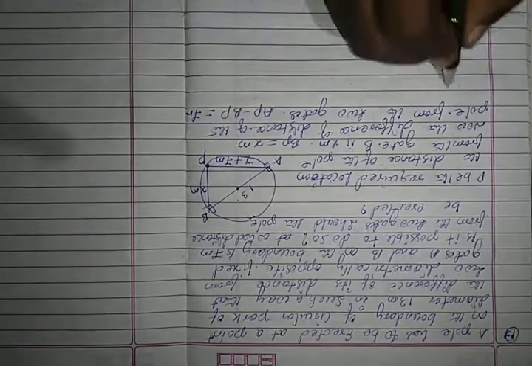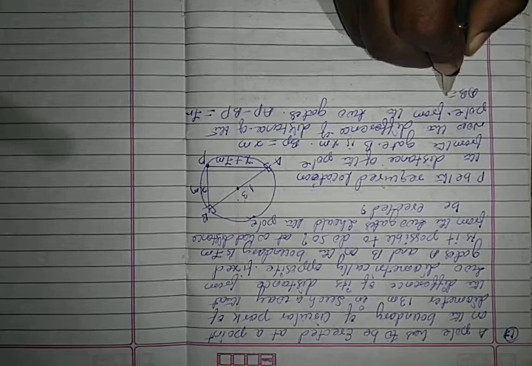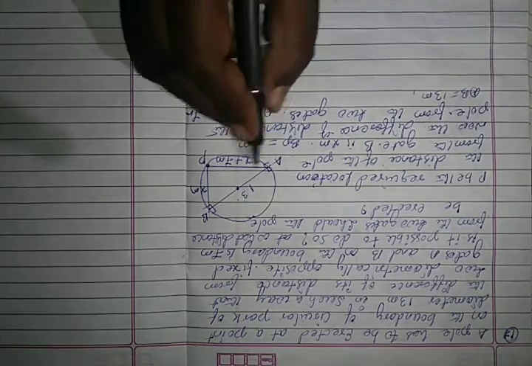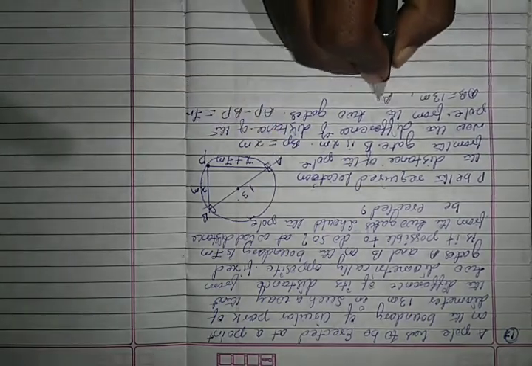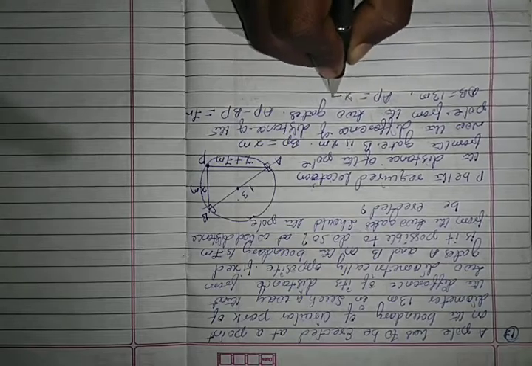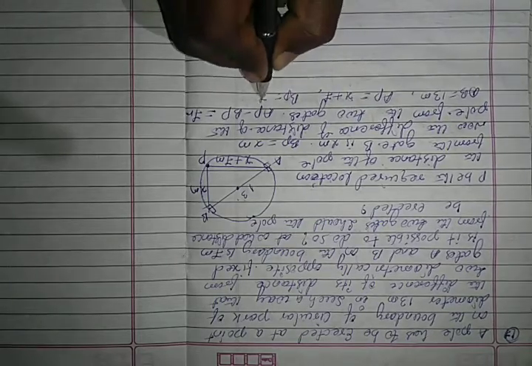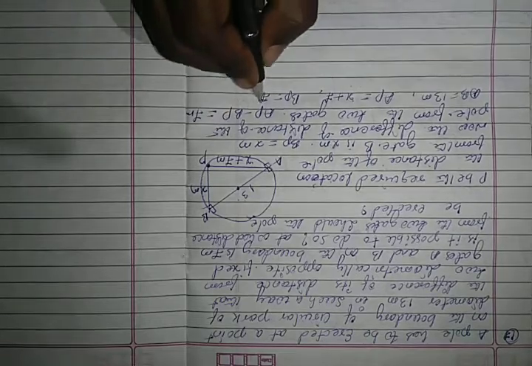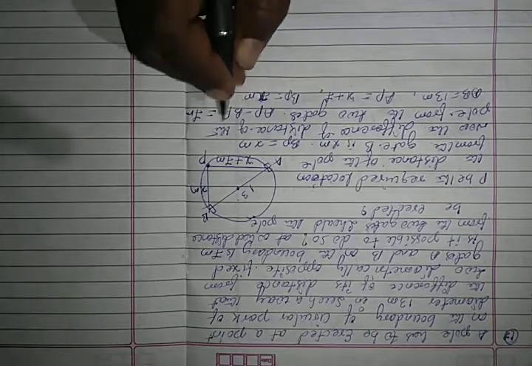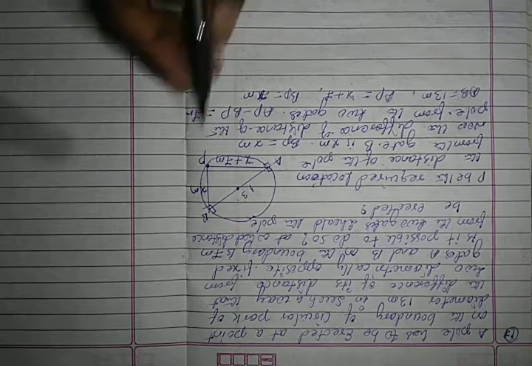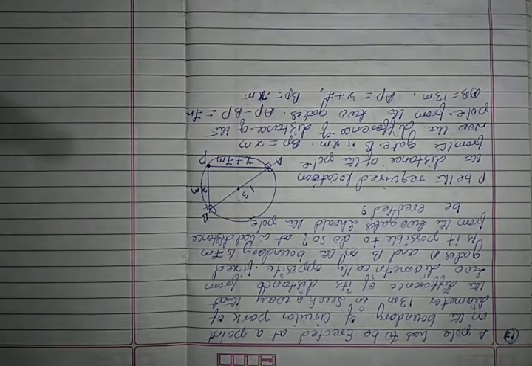So once again, write AB is equal to 13 meter and AP is equal to x plus 7 meter and BP is equal to x meter. So let's see, APB is a right angle triangle.